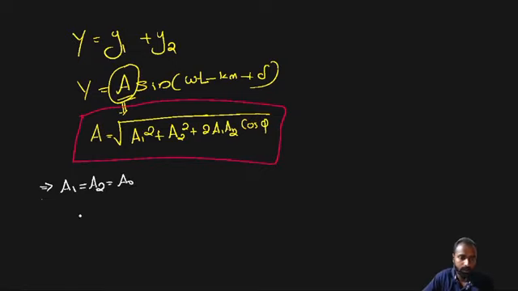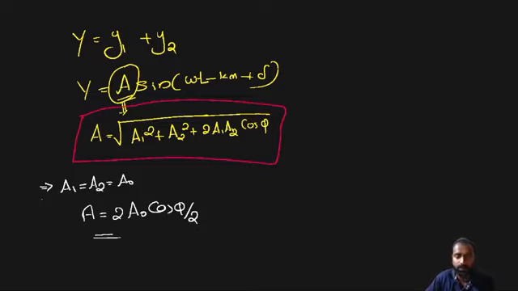Then the resultant amplitude A is equal to 2 a naught cos(phi by 2). It is an easy calculation. You can try it. Replace a1 and a2 by a naught here. Then 1 plus cos phi gives 2 cos square phi by 2. You will get an equation like this.